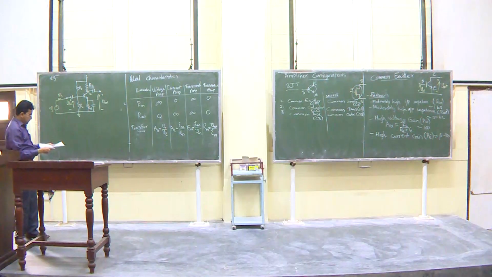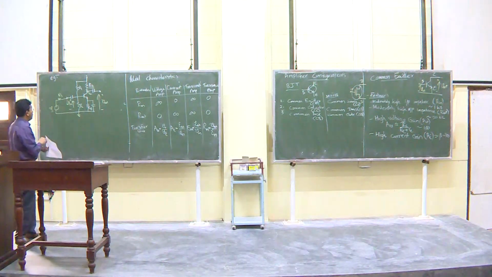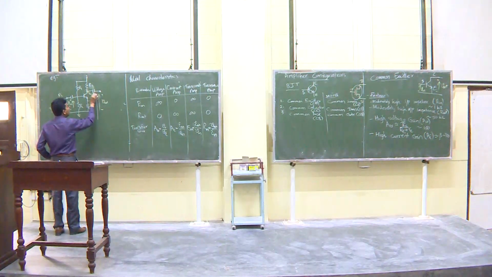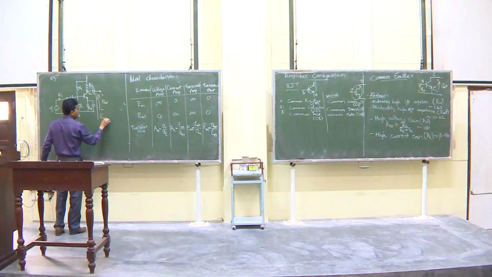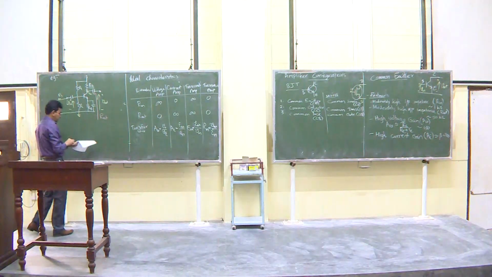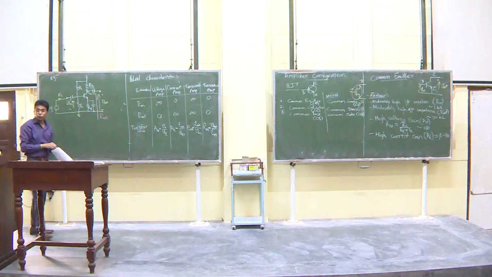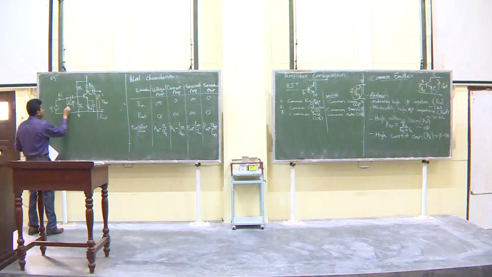And you look at the output impedance through this R out, between these two terminals, that is the output impedance. Input impedance between these two terminals.